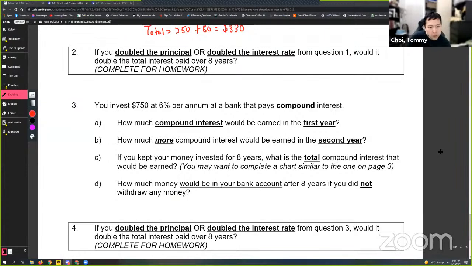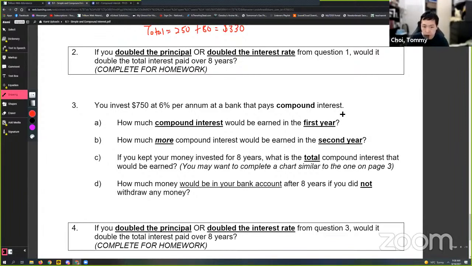So continuing onwards here, number 3, this time is compound interest. For compound interest, how much would be earned in the first year? Once again, this doesn't change.